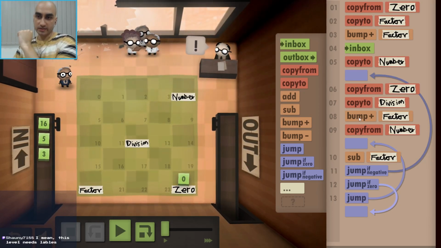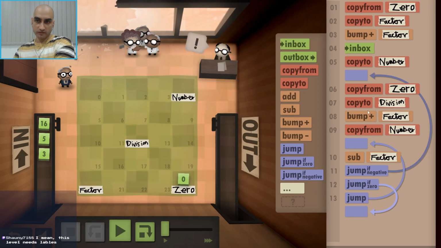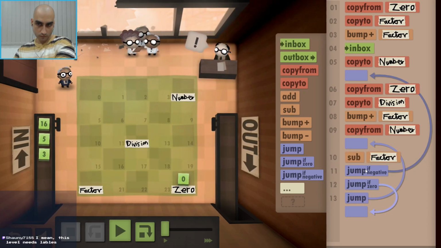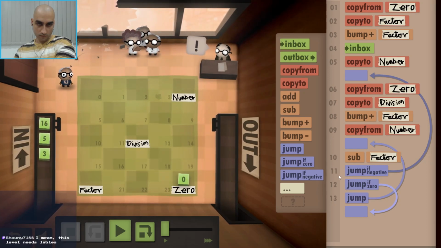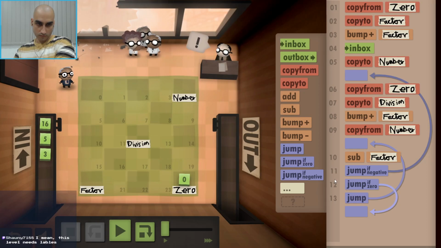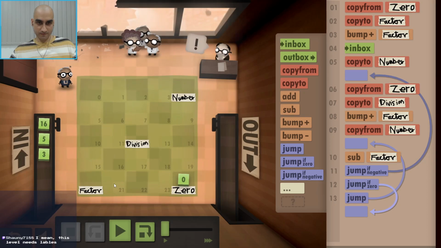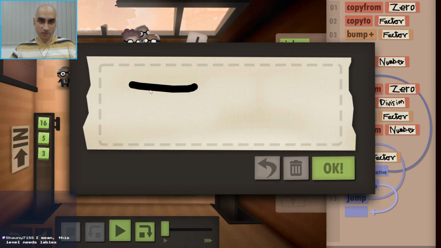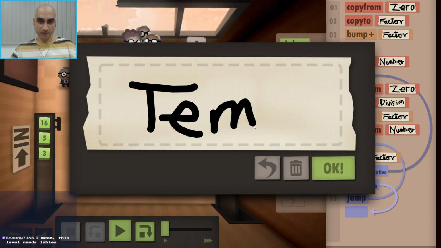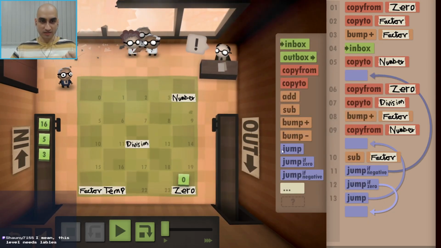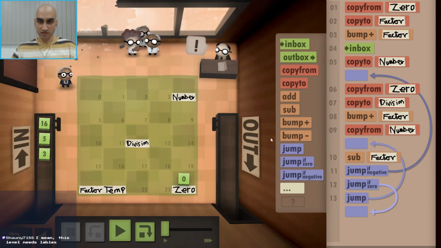All right, so we now begin subtracting our factor. Let's call this one just, I can't even, just call it temp. Because this doesn't really have a purpose, it's just somewhere we're putting down our number so that we can increase the division count and then pick up our number again.